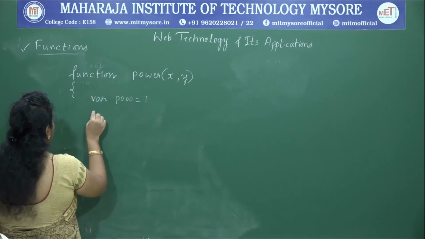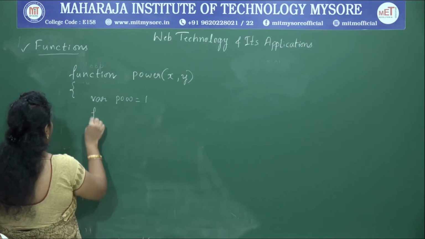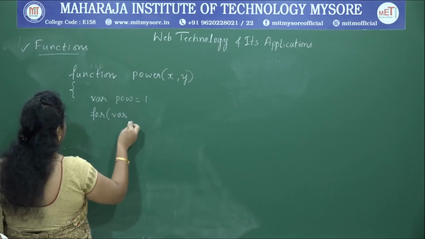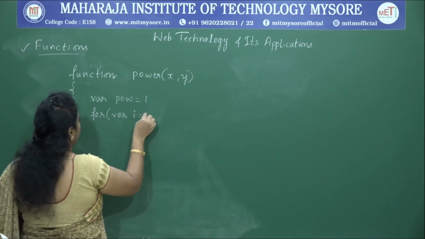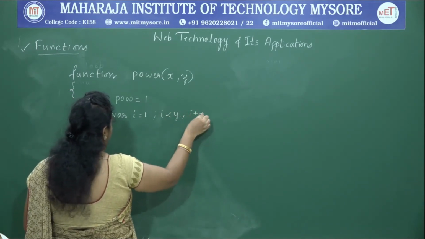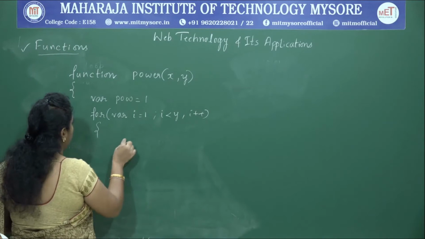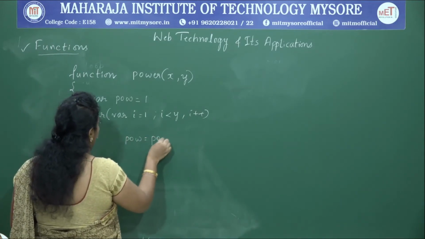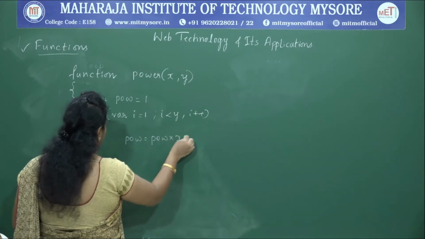Next after that I am using a for loop where i is 1, i less than y, i plus plus. So pow equals pow into x.